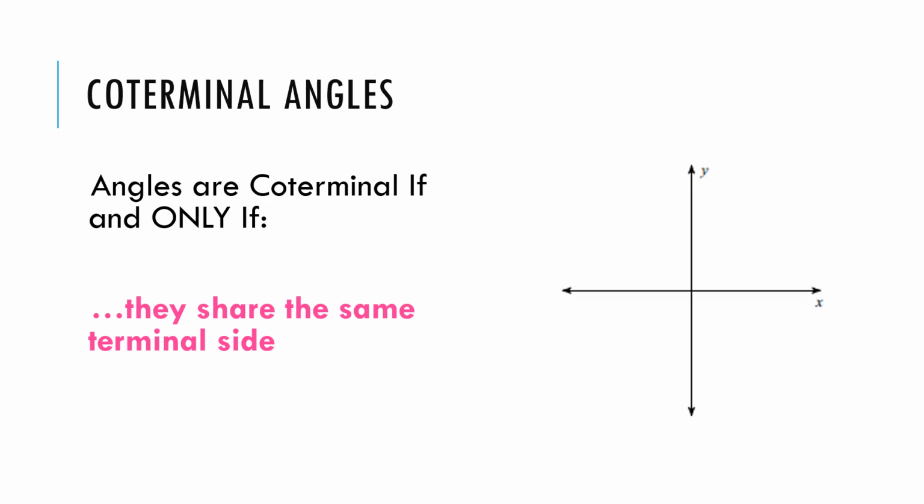Coterminal angles will be coterminal if and only if they share the terminal side. And remember from our previous lesson, we said that the terminal side is where the angle ends.